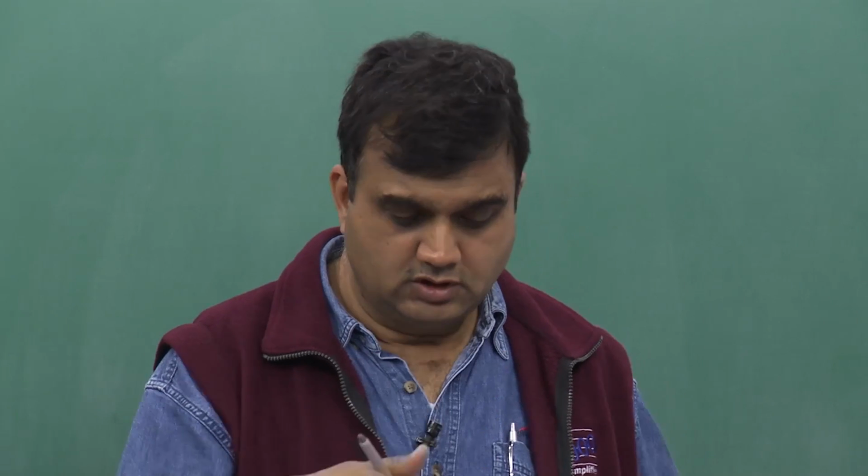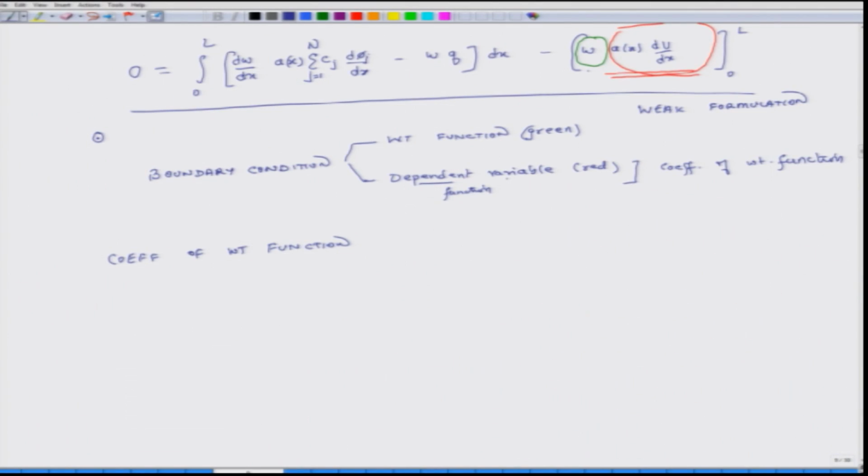So, if there are weight functions in the boundary terms or there are derivatives of the weight function, then their coefficients, the coefficients of the weight function and its derivatives, are known as secondary variables, SV.